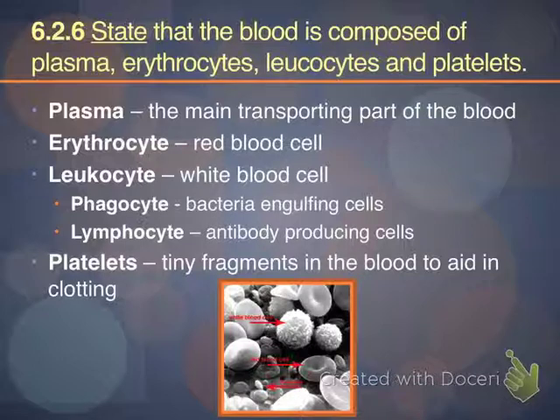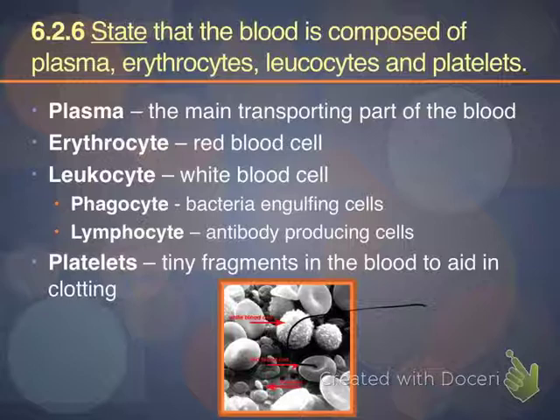Next we've got erythrocytes. Another term for them is red blood cells. They are biconcave discs. You can kind of see them in this image down here. So that is a red blood cell. They're quite small and they actually lack a nucleus, and because of that they're not able to reproduce on their own.